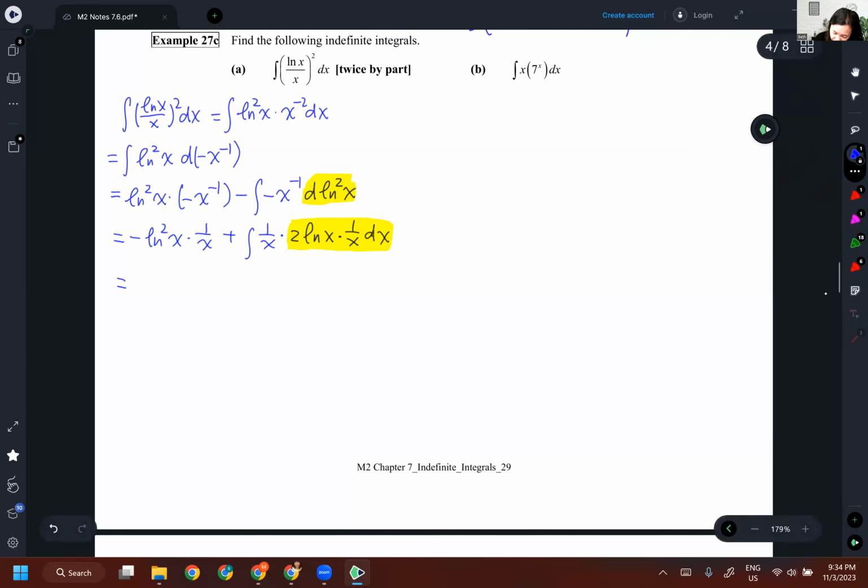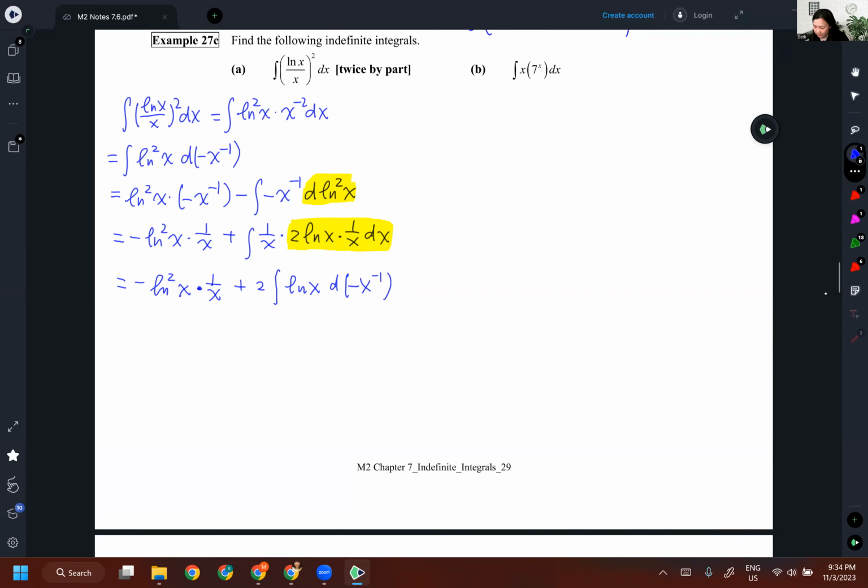So this is equal to negative log squared x times 1 over x, plus, I'll put 2 inside in front, and then log x, and then this is negative again, so this is d negative x to the negative 1 again.